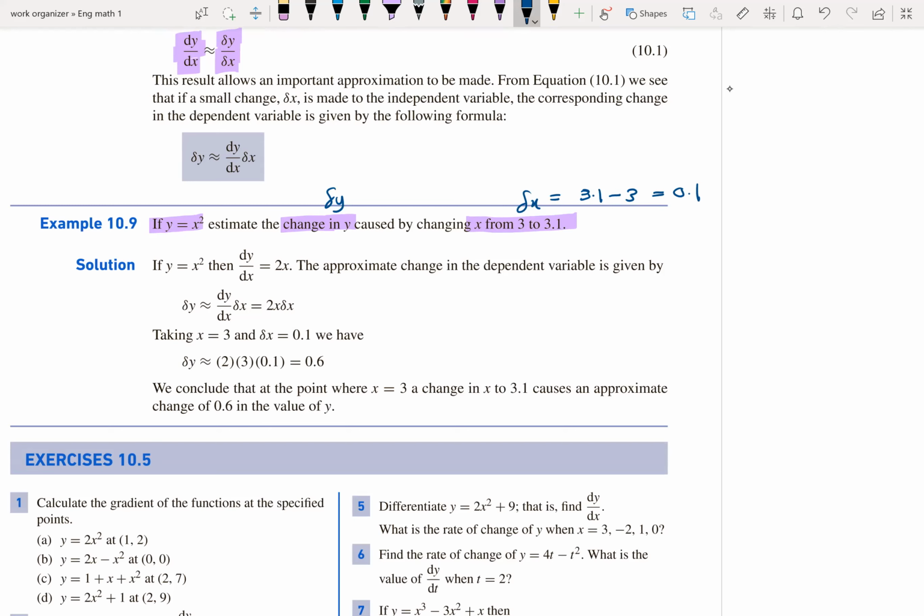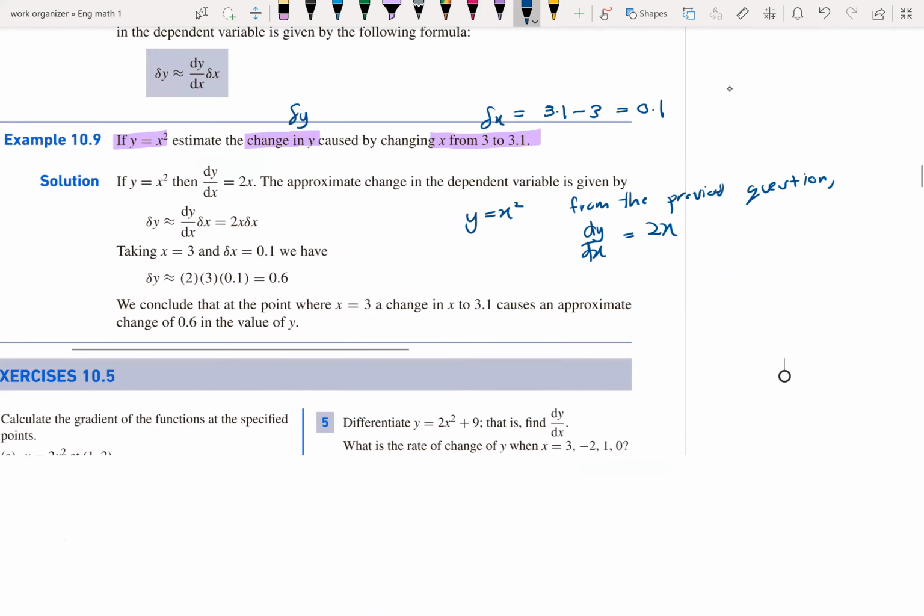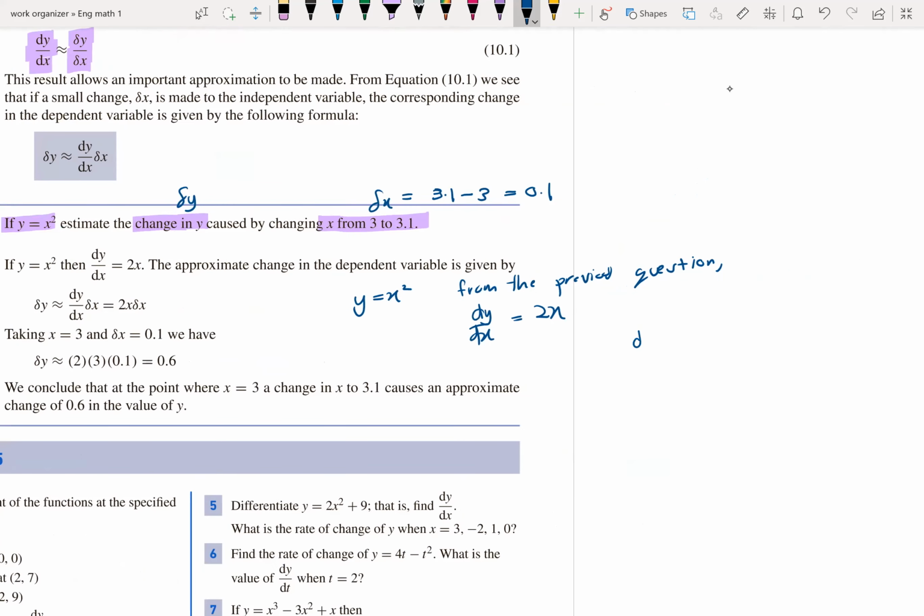From the previous question, using the first principles method, we get dy/dx is equal to 2x. So again, dy/dx equals delta y over delta x.